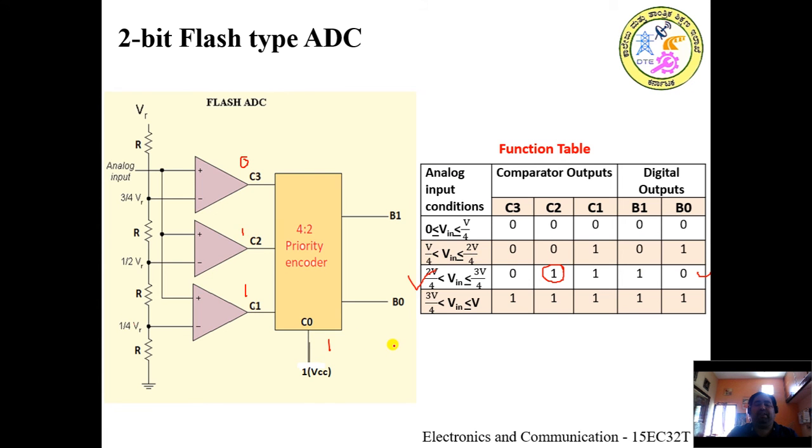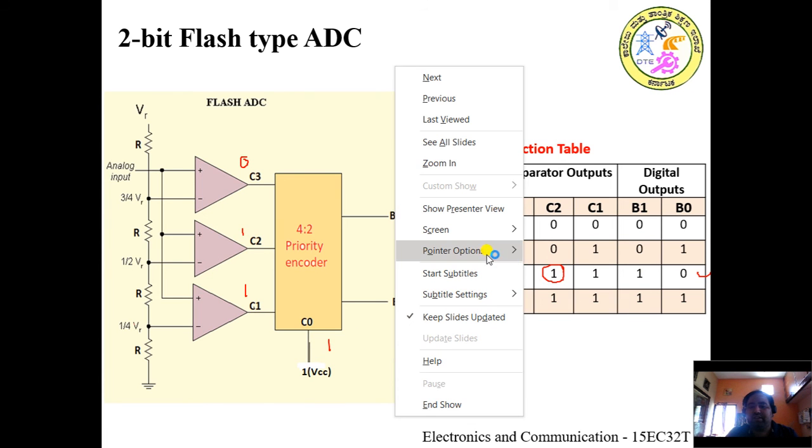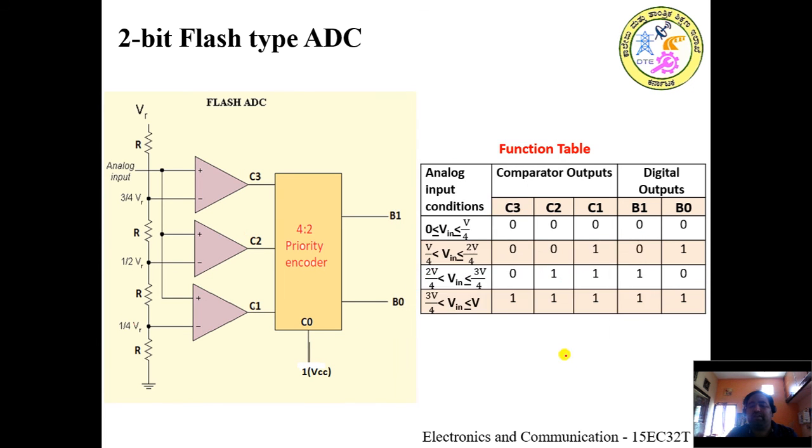Similarly, for the last case, if analog input voltage is greater than 3V by 4, 3V by 4 is nothing but the reference voltage for the comparator 3. If analog voltage is greater than the reference voltage for the comparator 3, obviously it would be greater than the reference voltage of comparator 2 as well as comparator 1. So now all the comparators output a logic 1.